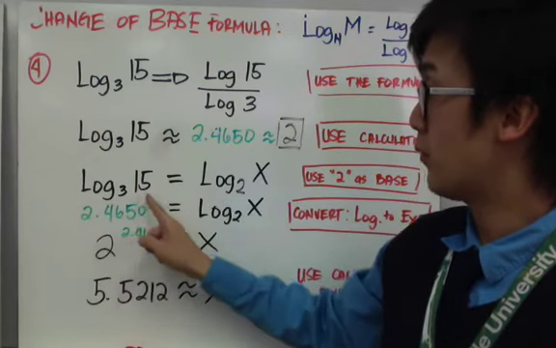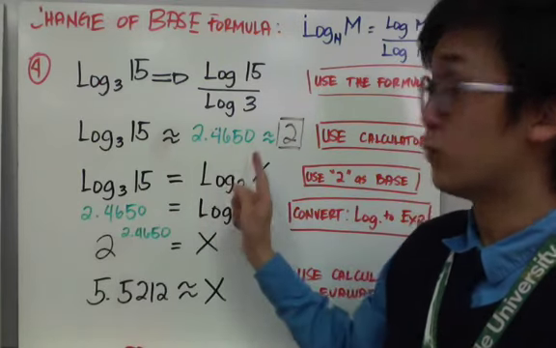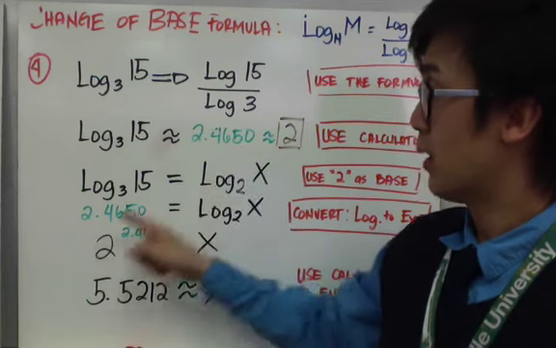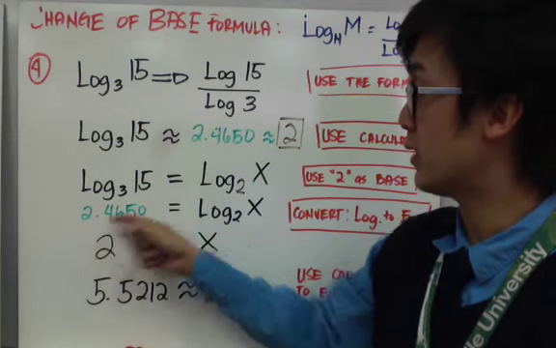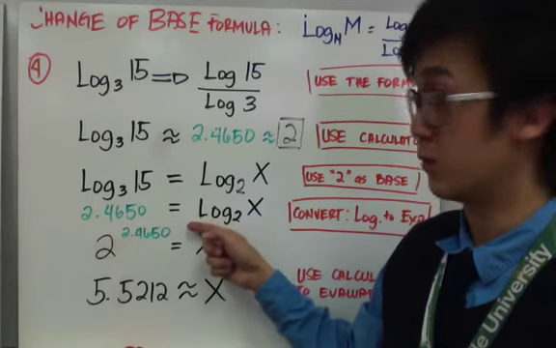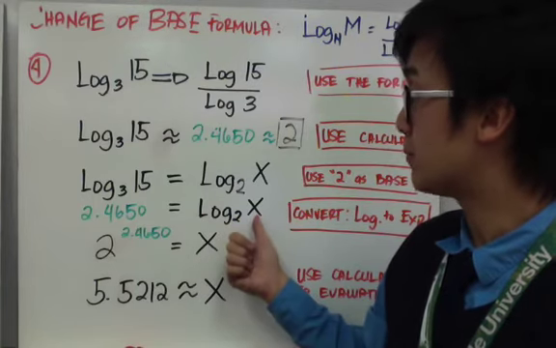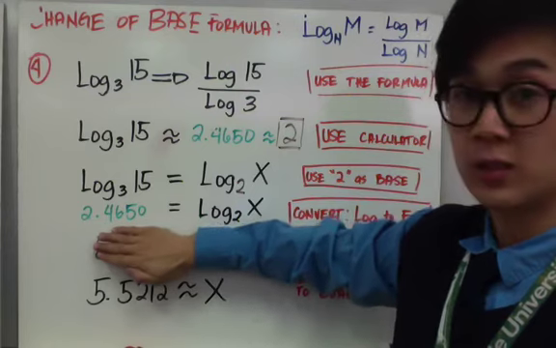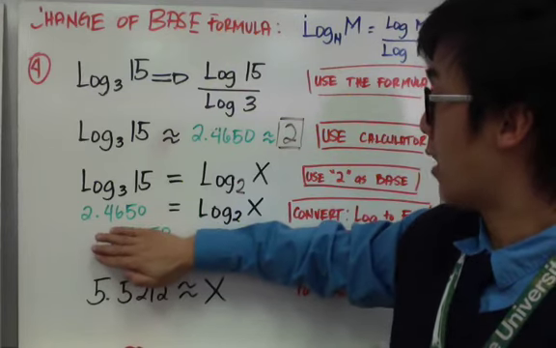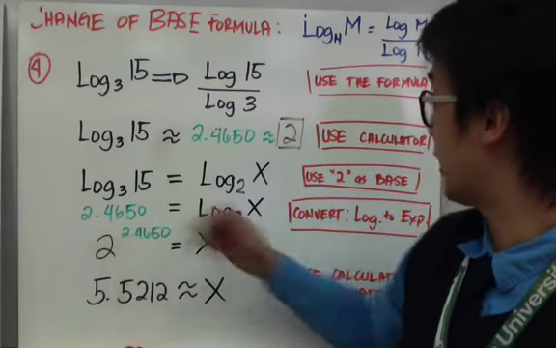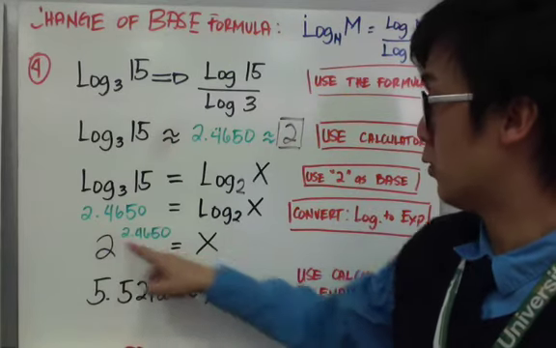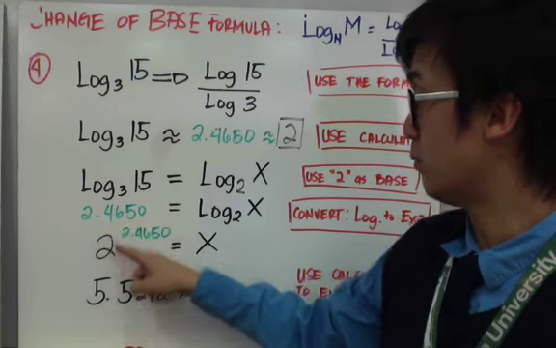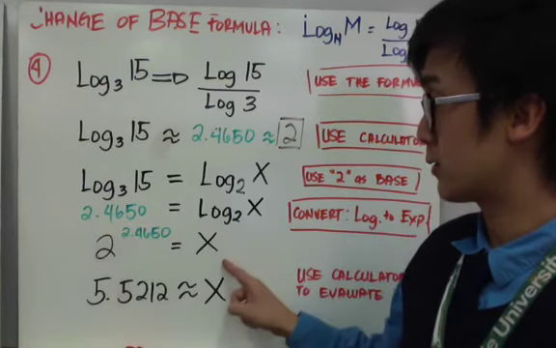We know that the logarithm of 15 base 3 is equal to 2.4650, so we substitute that and just copy log of x base 2. Since we're solving for x, we can change this equation into an exponential function by converting it from log to exponent. So 2 raised to 2.4650 is equal to x.